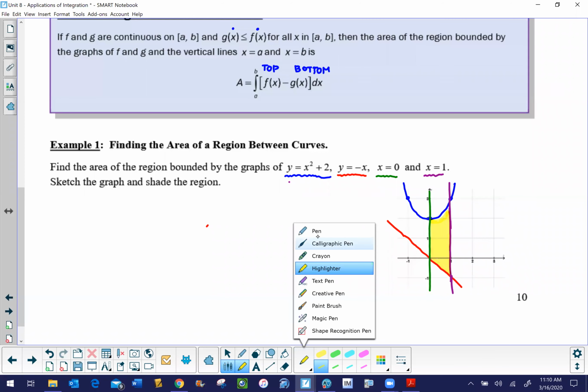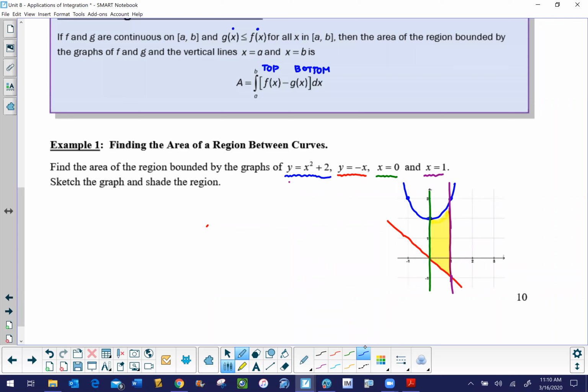So with this, we have to find the area in yellow that Mr. Rector just highlighted. And I'm assuming you just talked about how he's got to do top minus bottom. Yes. So we need to integrate our boundaries along the x, from the green line at x equals 0, so a lower bound of 0, to the purple line at x equals 1, an upper bound of 1.